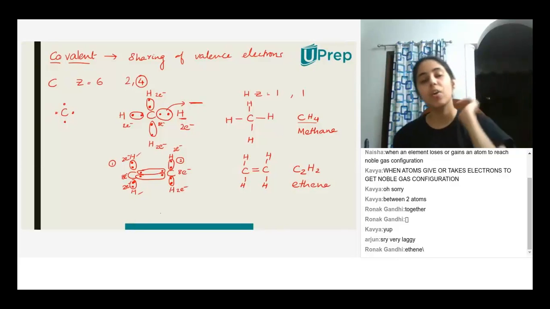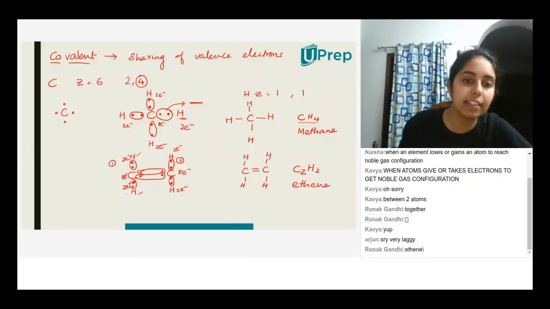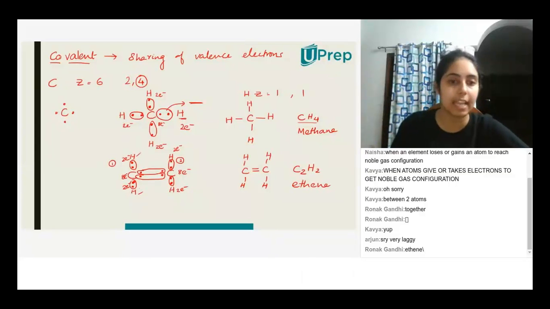That's it. Okay, now let us take a look at another way of doing this. Now, instead of drawing the Lewis dot structure of carbon with 2 electrons on one side, I'm just going to draw 3 electrons on one side, and then 1 electron on the other side.